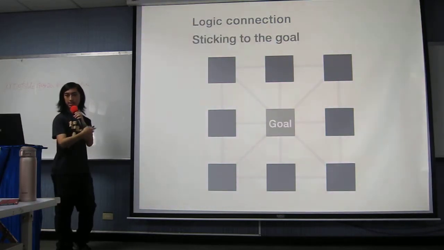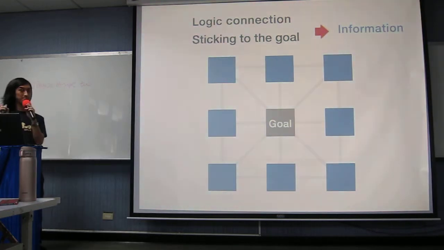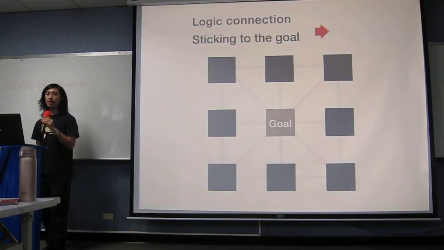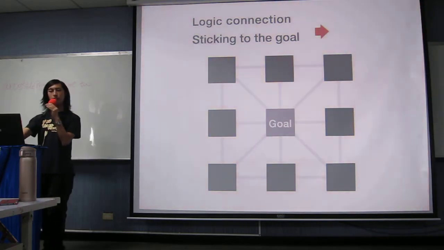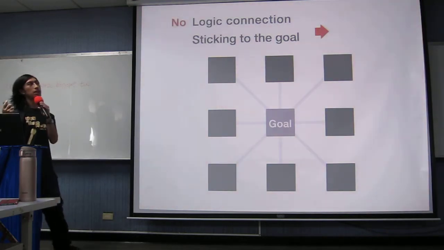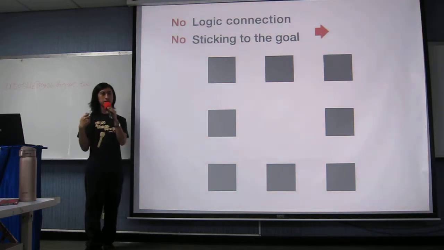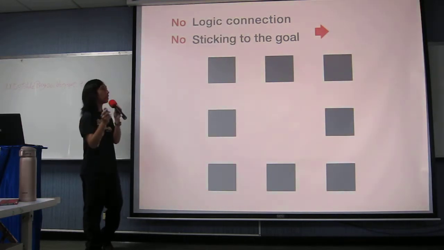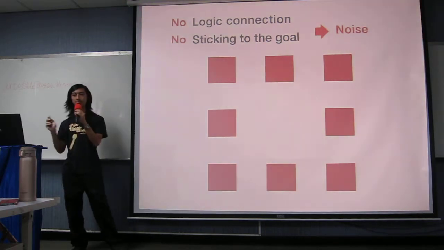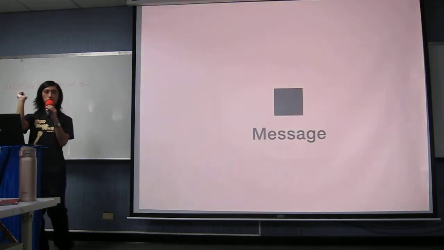I'd like to define this kind of message as the information. And on the other hand, if these messages don't have logic connection and they don't stick to your goal, I would like to define these kinds of messages as the noise.